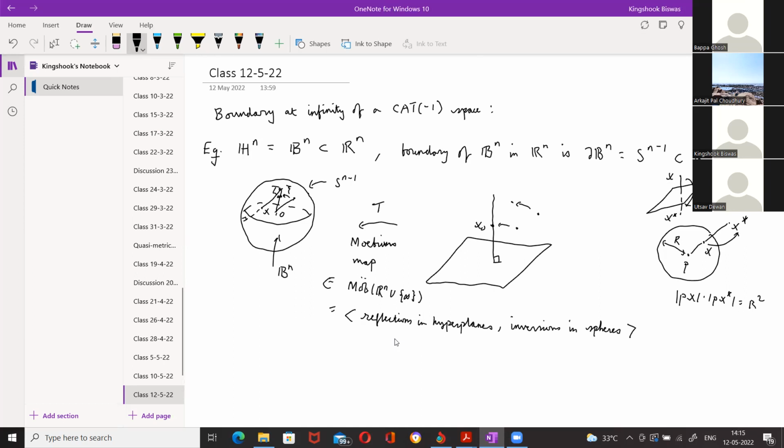Then they generate actually a finite dimensional Lie group called the Mobius group.